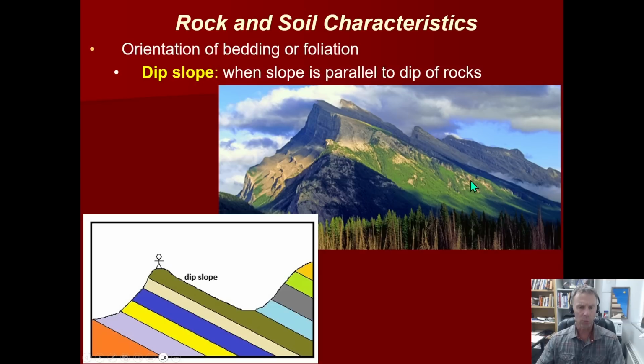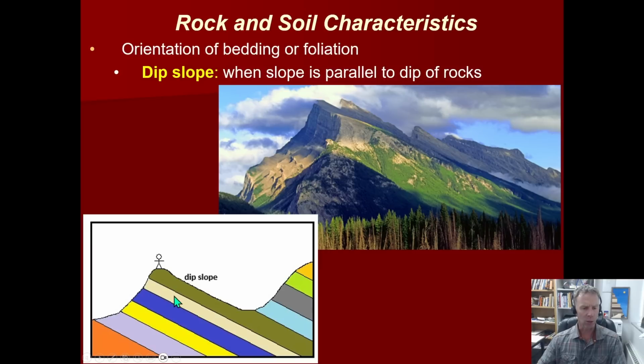In other places where we have rocks, we might look at the orientation of the rocks. Turns out that how those rocks are oriented can play a big role in determining how stable slopes are. We are particularly aware of and a little bit wary of something called a dip slope. So if we have layered rocks, these could either be sedimentary rocks or foliated metamorphic rocks.